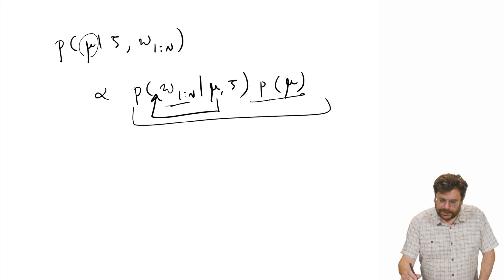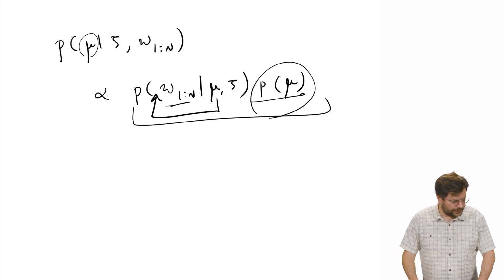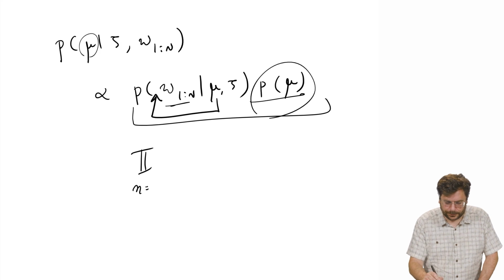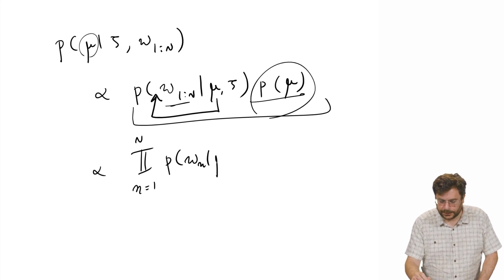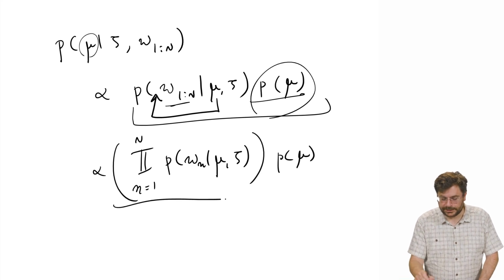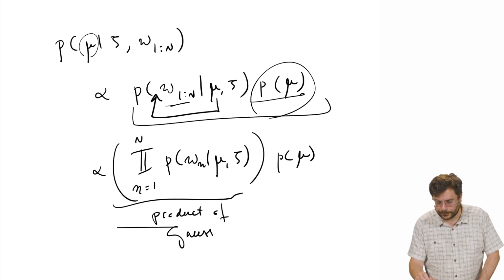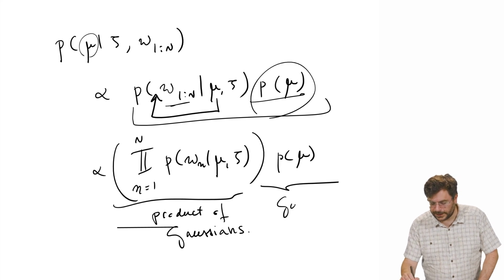Well, p of mu is a Gaussian. The likelihood, to be very precise, is another product of Gaussians. Again, this is a Gaussian.